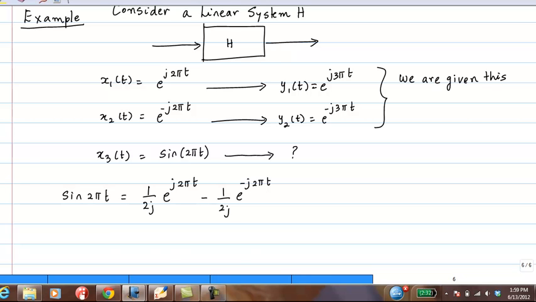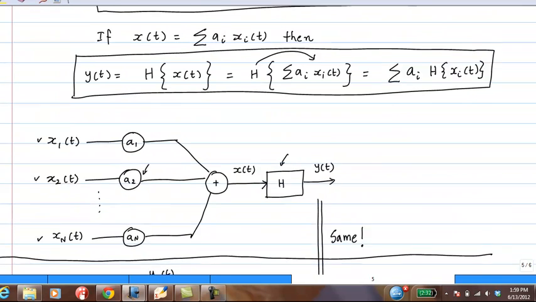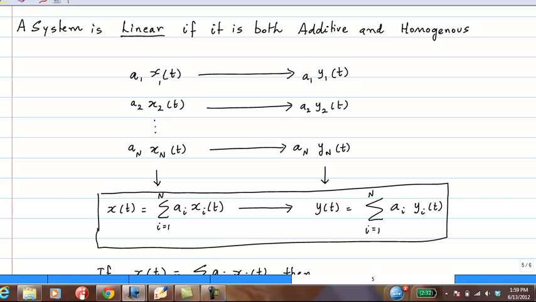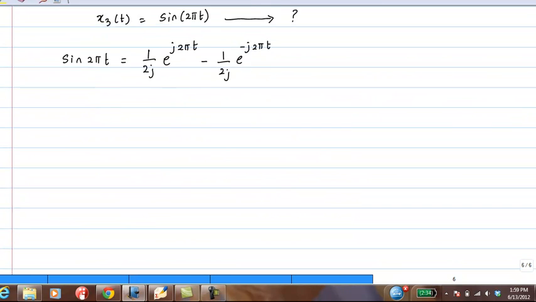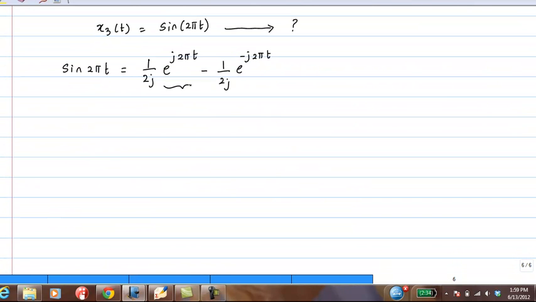To put this in the same framework as before, you can see that I'm thinking of e to the j 2 pi t as x1 of t, and e to the negative j 2 pi t as x2. I'm thinking of 1 over 2j as a1. Actually, I'm thinking of a2 as negative 1 over 2j.